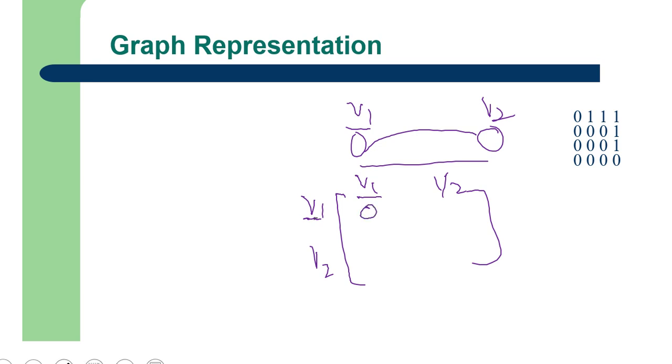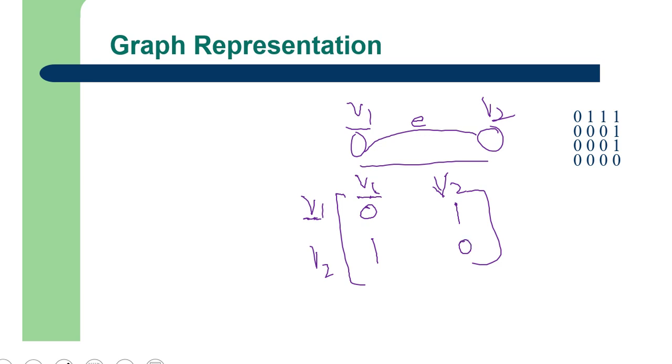From vertex v1 to vertex v2, these two vertices are connected using an edge, so we will write here 1. From vertex v2 we can move to vertex v1, we will put here 1. From vertex v2 to vertex v2, because there is no loop, we will write here a 0.